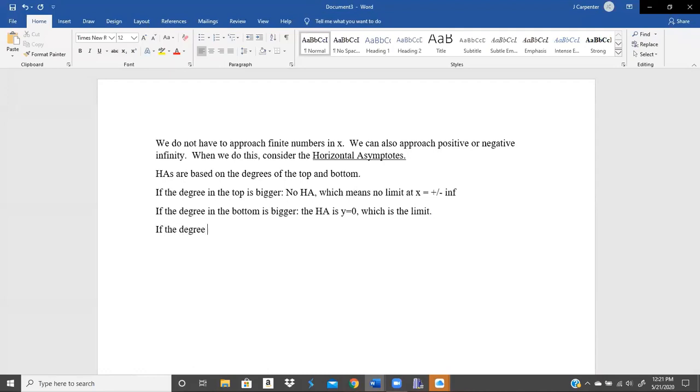If the degrees are the same, the horizontal asymptote is the ratio of leading coefficients, which is also the limit. So those are the 3 cases for horizontal asymptotes, which are also the 3 cases for finding limits at infinity or negative infinity.